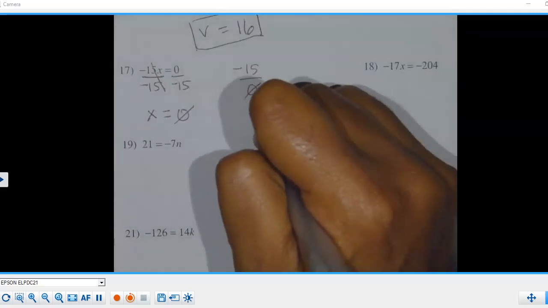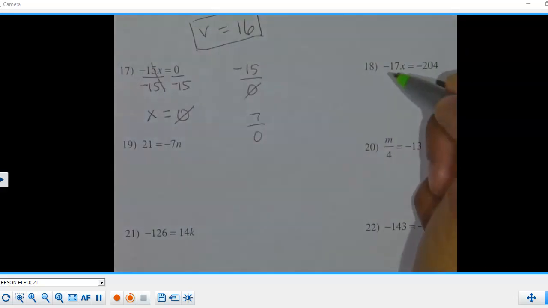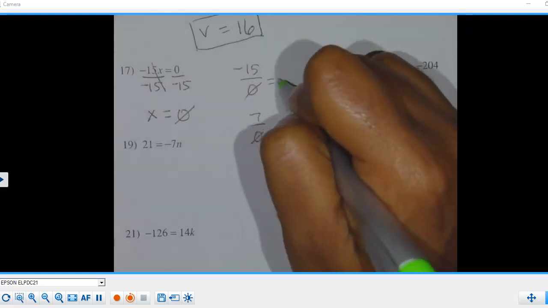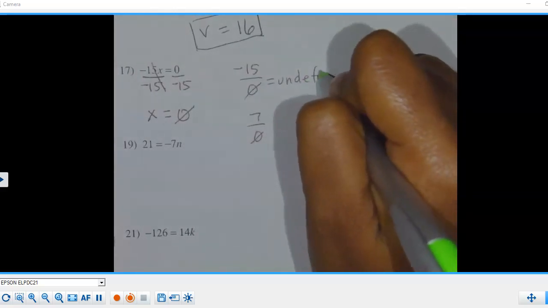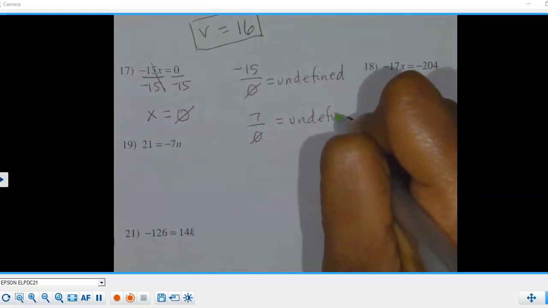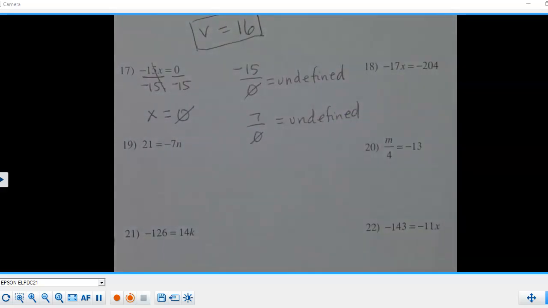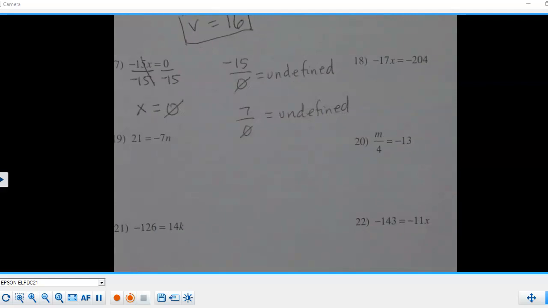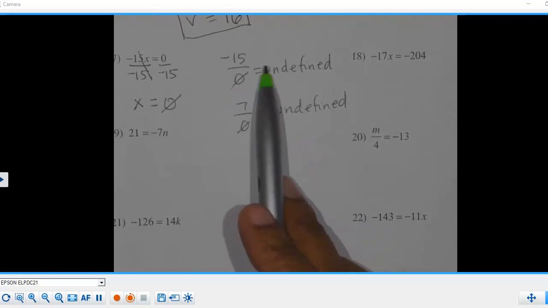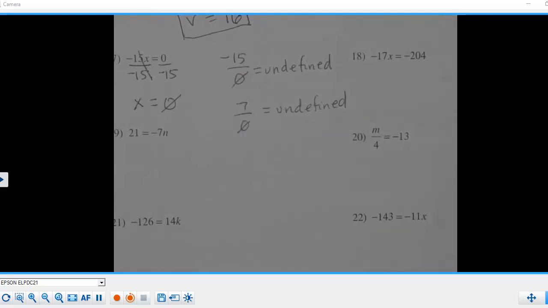If I had something like 7 divided by 0, okay, the answer to this, both of these, is undefined. And we will run into that at some point when we get into talking about slope. But the one thing I want to talk about, again, is 0 has no value. So see, 0 cannot divide into that number any number of times. That's why that's unacceptable and undefined.